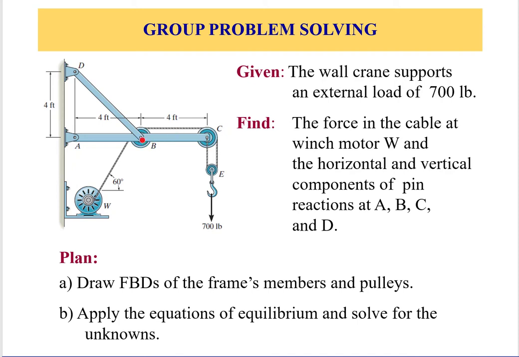Similarly, for the pulley B, we draw the free body diagram. It has Bx and By. However, here we have two different orientations for the tension. One is going here, and the other is going at an angle. That angle is 60 degrees with the horizontal, or 30 with respect to AB. So we draw the free body diagram of that, and we calculate Bx and By.